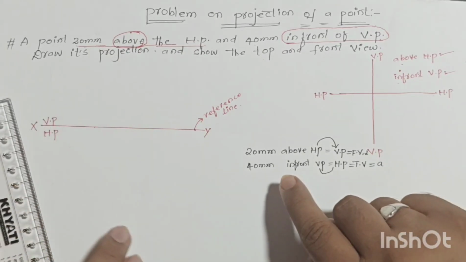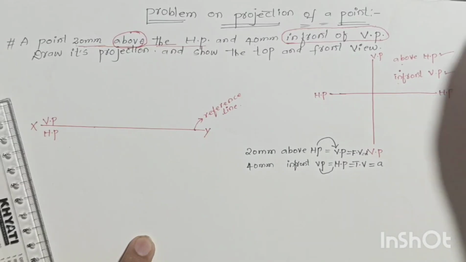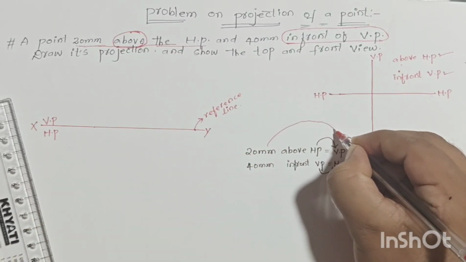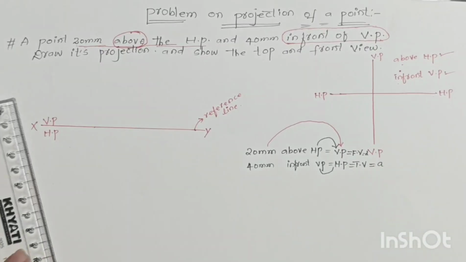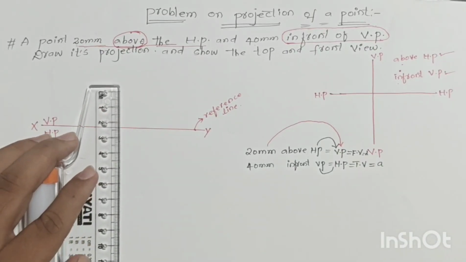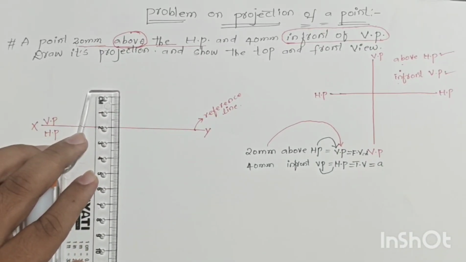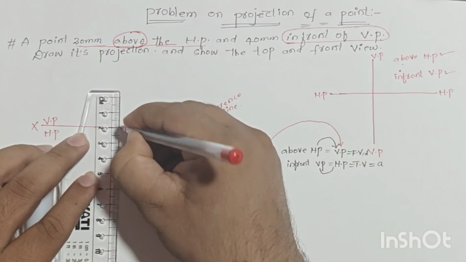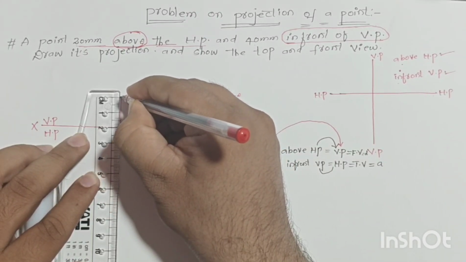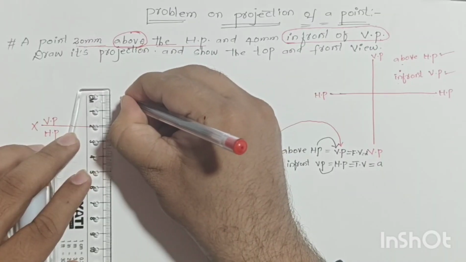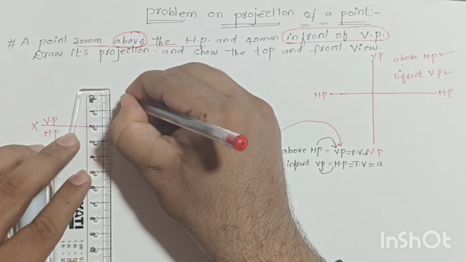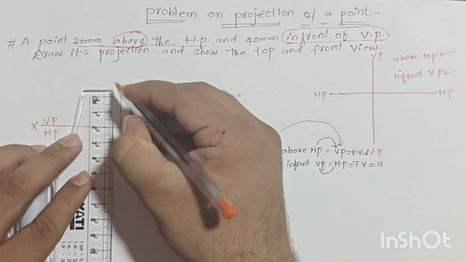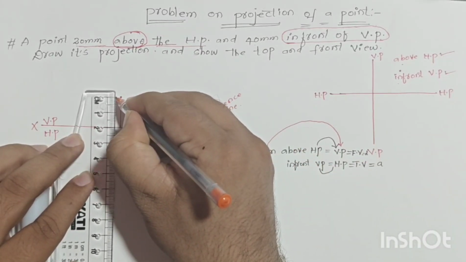First thing is we need to draw 20 mm. Where do we need to draw it? On the vertical plane. From this reference line, I am measuring a length of 20 millimeter on the vertical plane. And meanwhile you need to show the dimension of length.